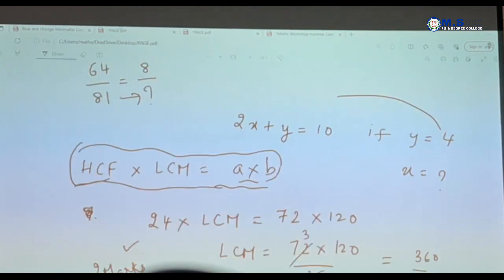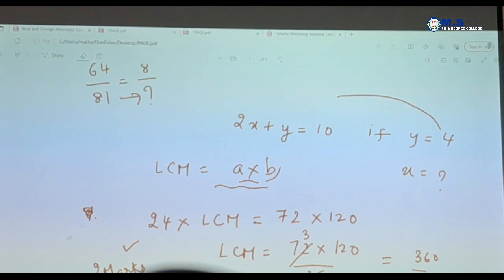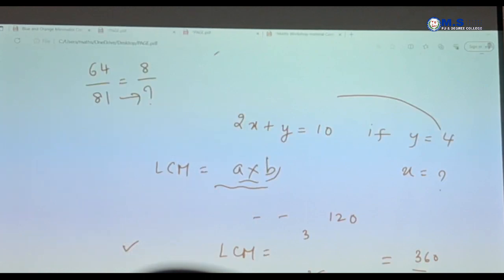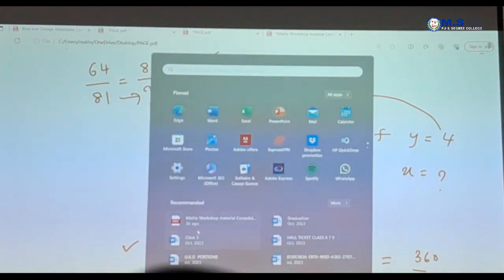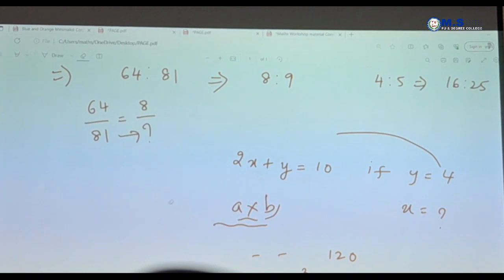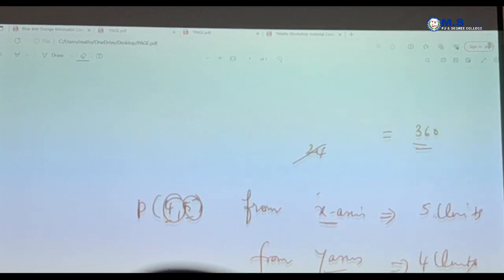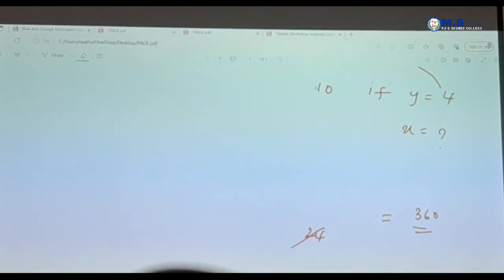Next question, 6th question. Express the denominator of 23 by 20 in the form of 2 power m into 5 power n and state whether the given fraction is terminating or non-terminating.